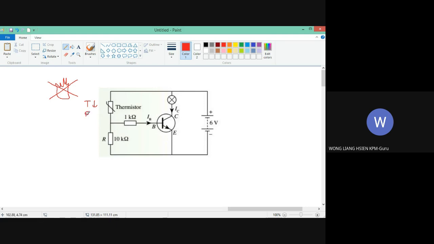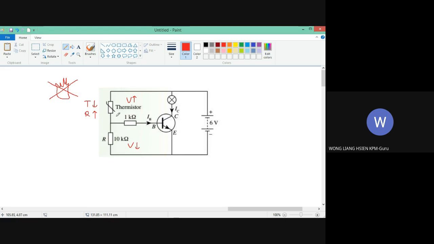So the resistance is high. So when the resistance of the thermistor is high, most of the 6 volt will go to the thermistor. The voltage here will be high, and the voltage here will be low.